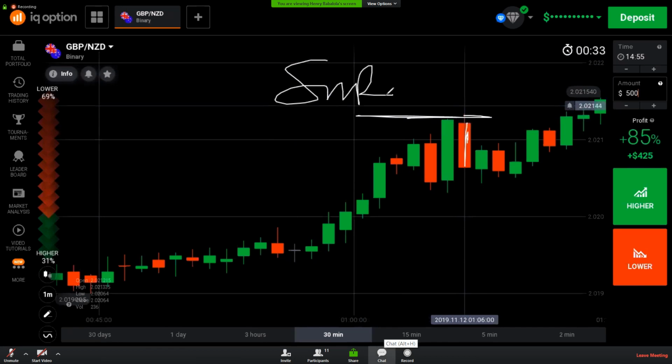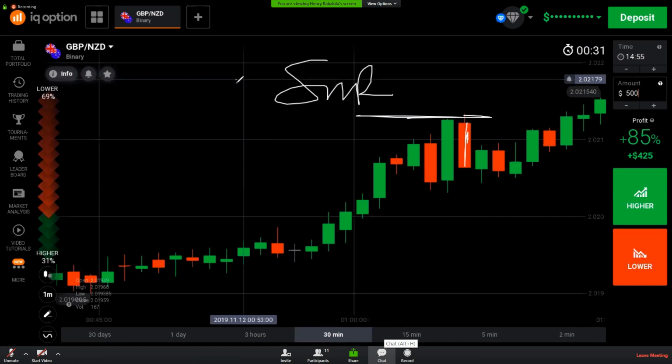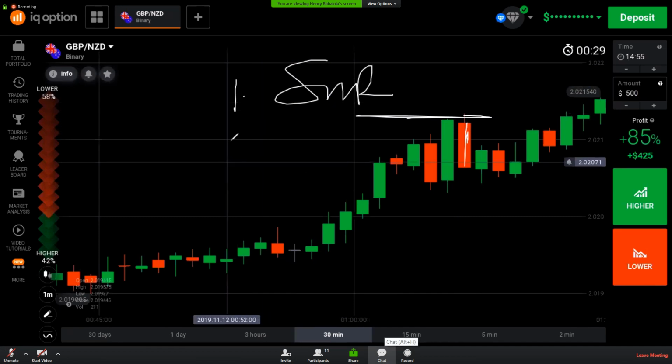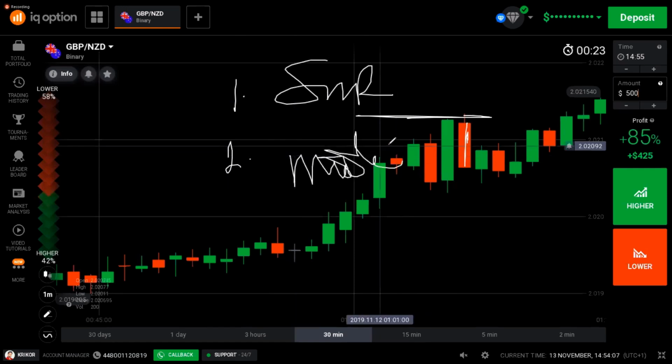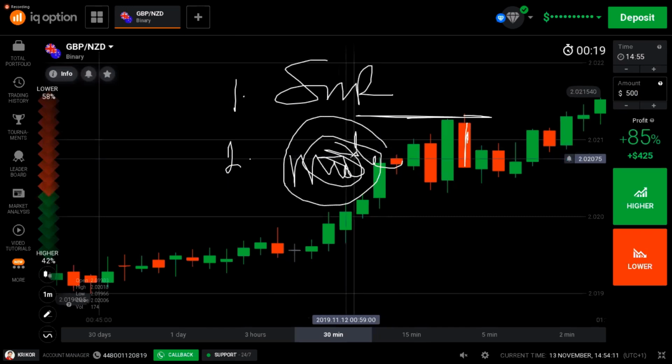Now, the second area where you can trade momentum is the middle of the trend. In this middle of the trend, there are 2 types of trend. There is a momentum trend and there is a normal trend. Now, you are going to begin to see that.